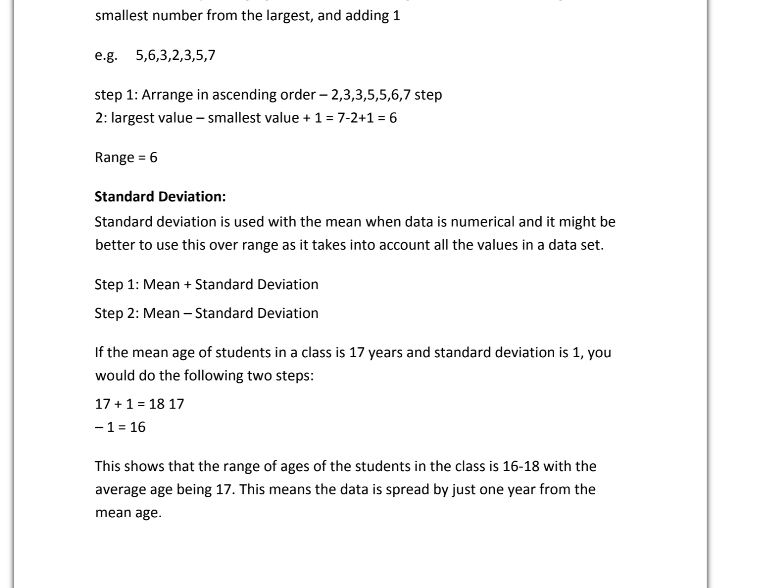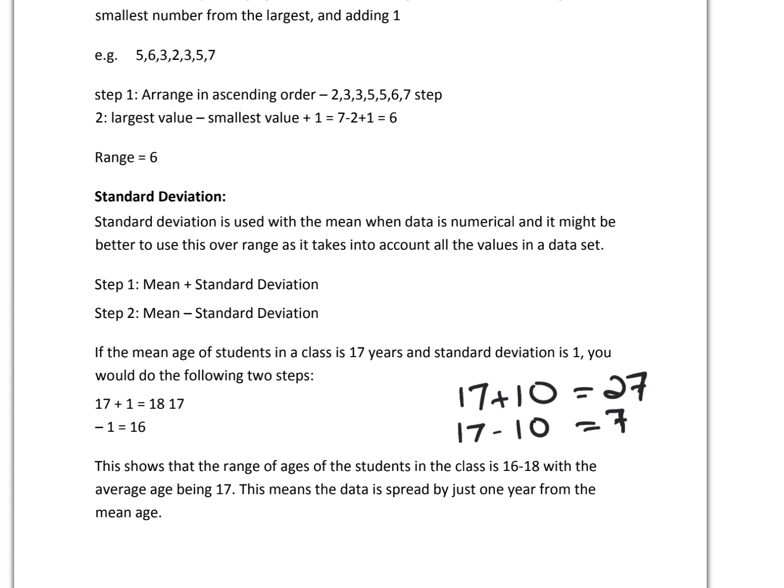If the standard deviation was 10, then it would be mean plus standard deviation, which is 17 plus 10, and mean minus standard deviation, which is 17 minus 10. So that would be 27, and that would be 17. No, sorry, 7. Sorry, my math just wasn't mathing over there. So 27 and 7.